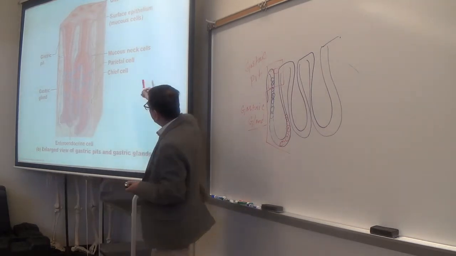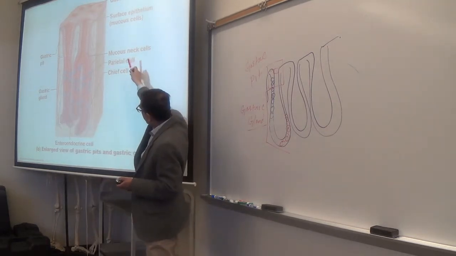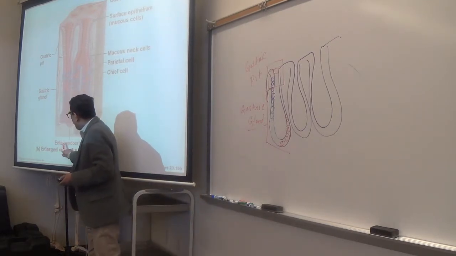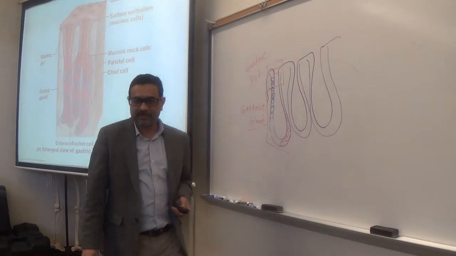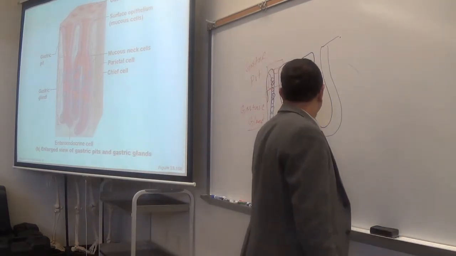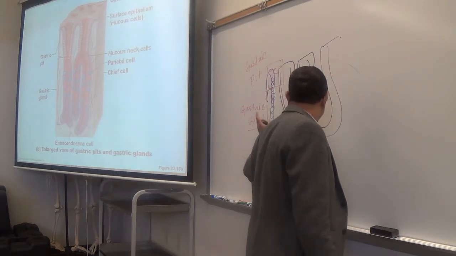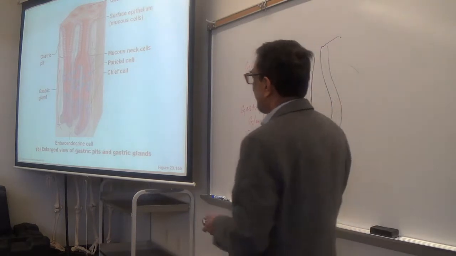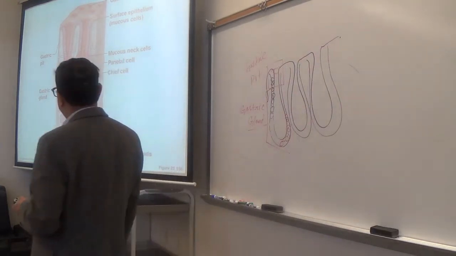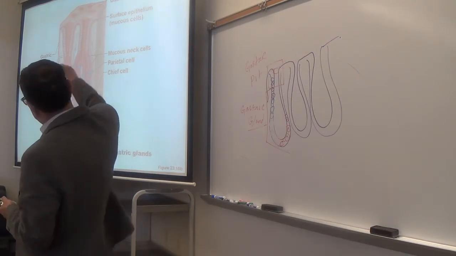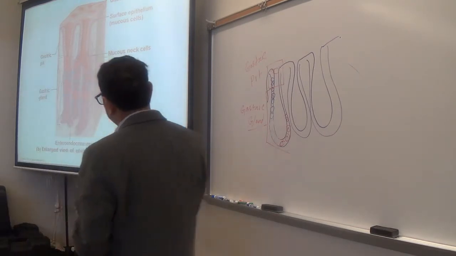You have the parietal cells, chief cells, and enteroendocrine cells in the gastric gland part. And mucus cells are mostly in the gastric pit part.